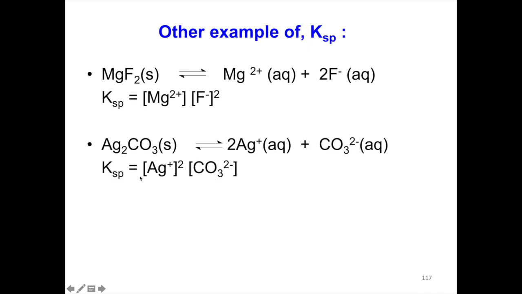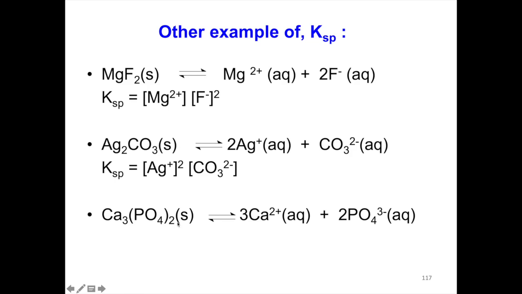So the Ksp is equal to the concentration of Ag plus to the power of 2 times the concentration of CO3 2 minus. The third one is Ca3(PO4)2 will produce 3 moles of Ca2 plus and 2 PO4 3 minus. So the Ksp is equal to the concentration of Ca2 plus to the power of 3 times the concentration of PO4 3 minus to the power of 2.